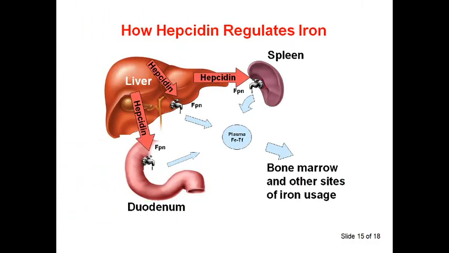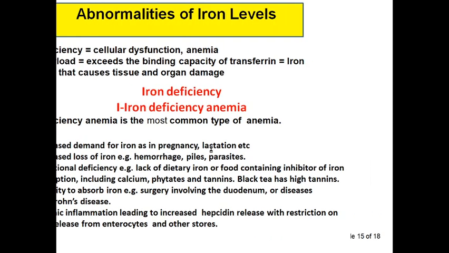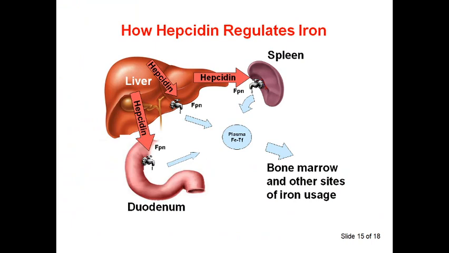The mechanism of iron homeostasis is very important, as we are going to see later on in hemochromatosis. In hemochromatosis, the regulation of iron absorption is defective, and that would lead to increased levels of iron absorbed, with consequent rise of iron deposition in various body tissues.